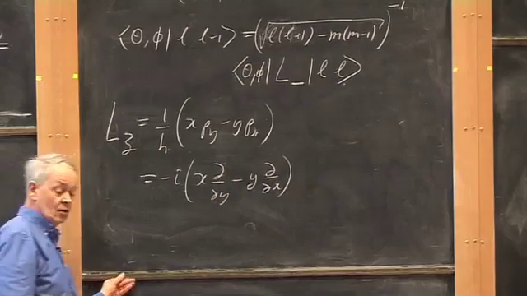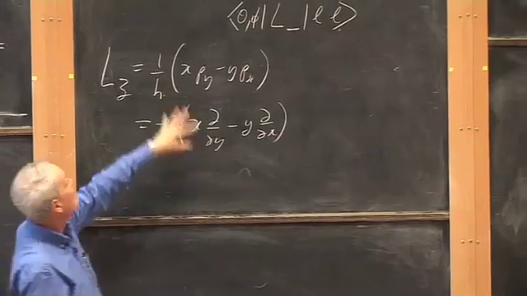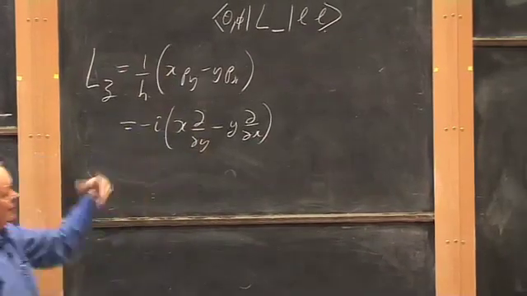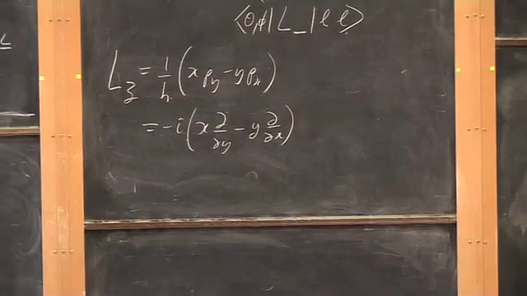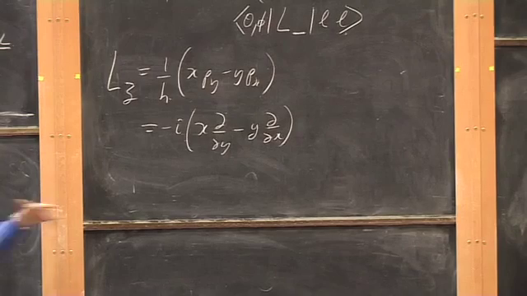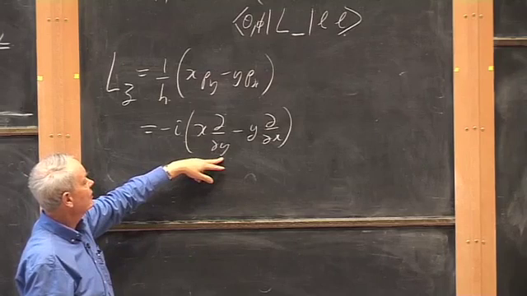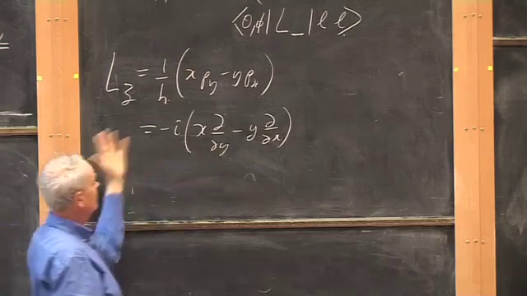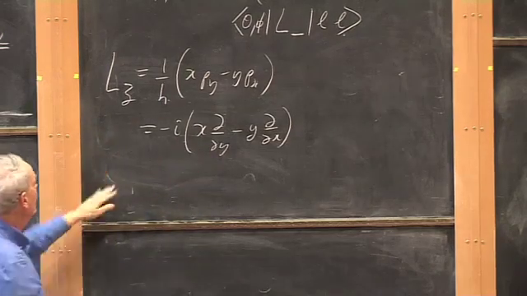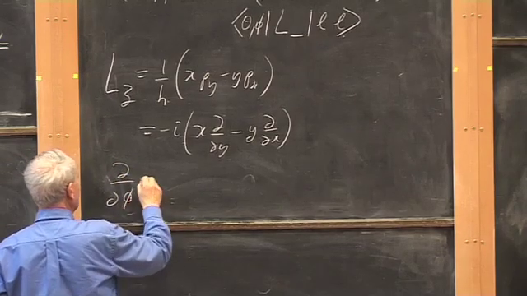Now, to find out what that is, we would like to express everything in terms of theta and phi, because we know angular momentum is to do with rotations. That's why we want to use theta and phi, spherical polar coordinates. We could just use the chain rule to turn this into derivatives in theta or phi, but it's much easier to find out what d by d phi is according to the chain rule.